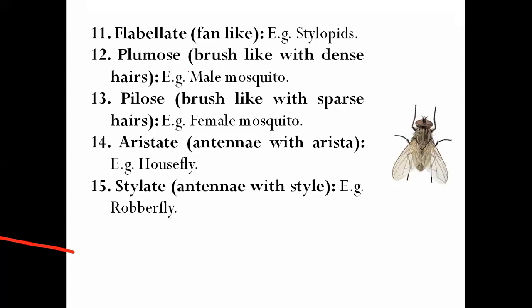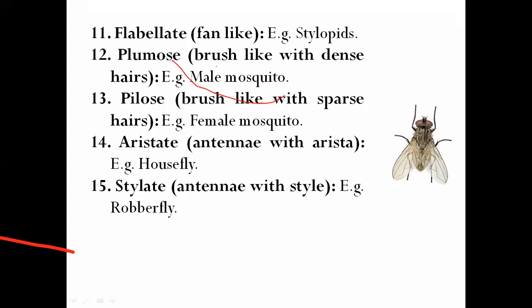Now the plumose type of antenna. Always remember plumose; everyone knows about the male mosquito. In the male mosquito the plumose type of antenna is present, where each joint of the antenna has a feather-like structure. Everyone knows about a feather, where a whorl of hairs arises from each joint of the antenna. A whorl of dense hair, brush-like, on each joint of the male mosquito.